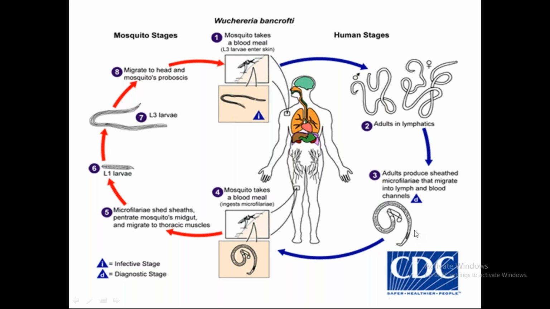This is nocturnal, so it comes beneath our skin at 2 a.m. or 4 a.m., where the mosquito again takes a blood meal and ingests the microfilaria. These shed their sheaths, penetrate the mosquito's midgut and migrate to thoracic muscles. There the L1 larva is formed, then L3 larva is formed from L1, and this migrates to the head and mosquito's proboscis. From there it again comes to the human. This is the cycle.